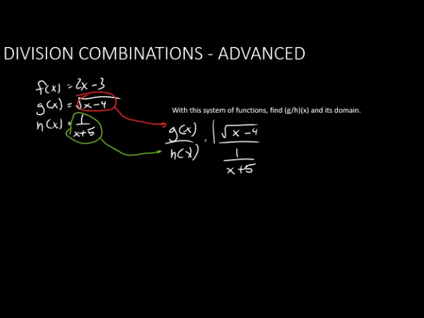Now notice that our answer looks kind of ugly right at this moment. We have a root divided by a compound fraction. When you have a compound fraction, we have to be careful, because before we continue any further, we have to know the domain of both pieces of this combination before we try to evaluate the combination.